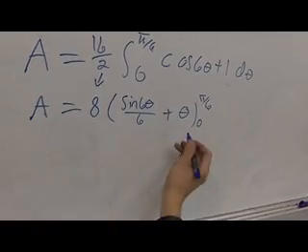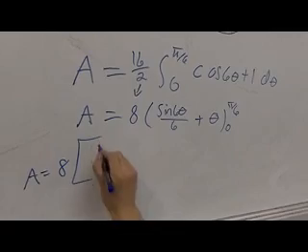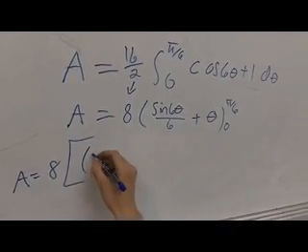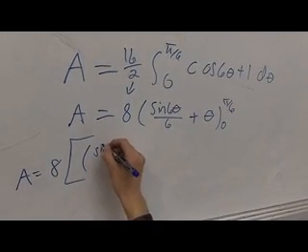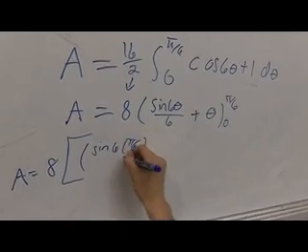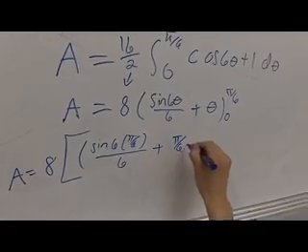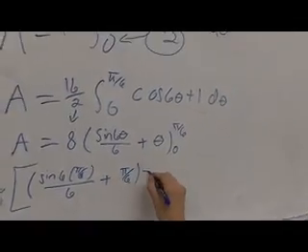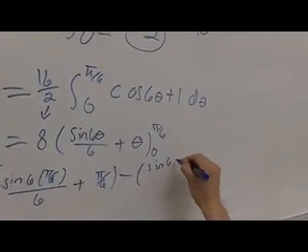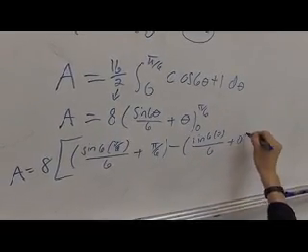Now we are going to apply the limits. It's going to be 8 times, we're going to plug pi over 6 into the equation: sine 6 times pi over 6 divided by 6 plus pi over 6, minus sine 6 times 0 divided by 6 plus 0.